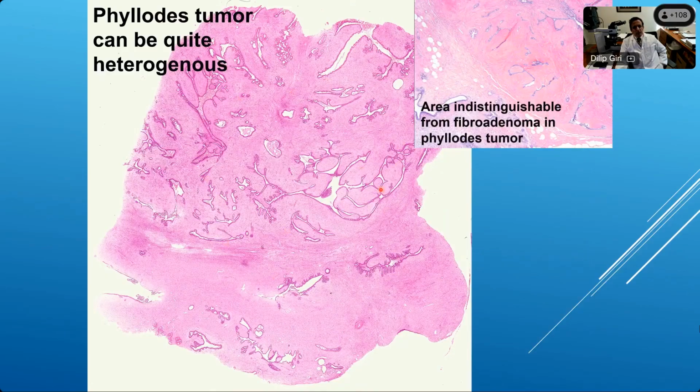As you can see, the distribution of ductal elements versus the stroma is very different in different areas, right? So here you have larger areas of stromal expansion within this same lesion in contrast to what is happening in some other areas. So heterogeneity is an important feature that distinguishes fibroadenoma from Phyllodes tumor. And in fact, you may see areas indistinguishable from a fibroadenoma within a Phyllodes tumor.